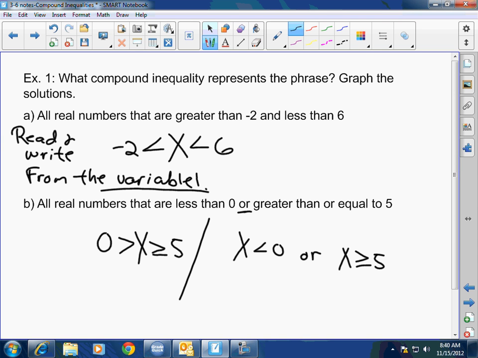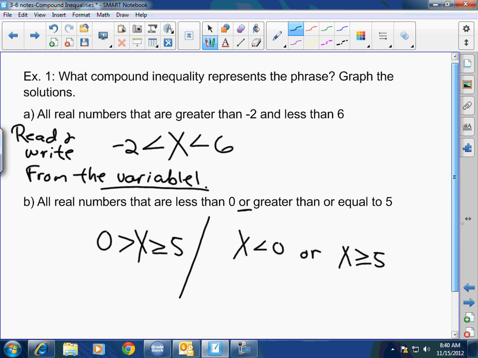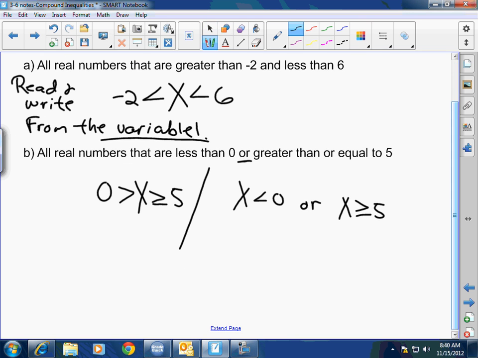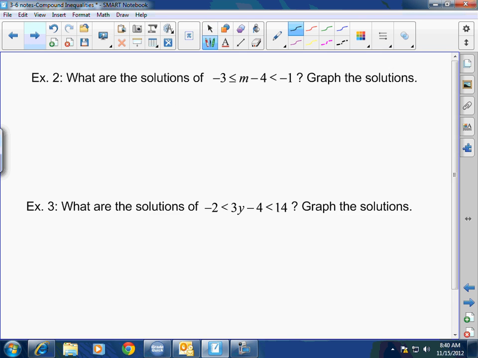All right, let's continue. What are the solutions now to m minus 4 is greater than or equal to negative 3 and less than negative 1? Very simple, guys.